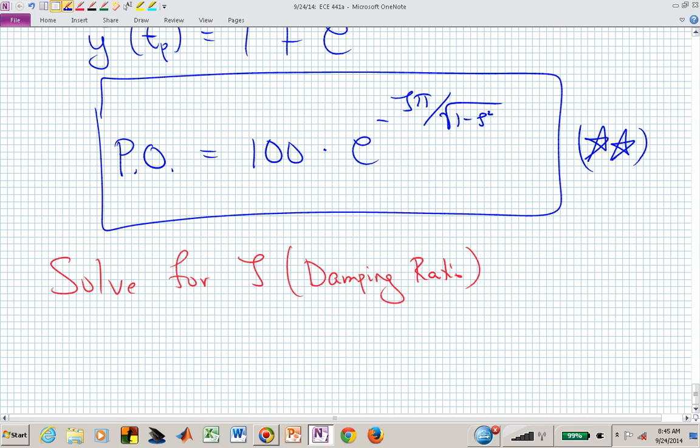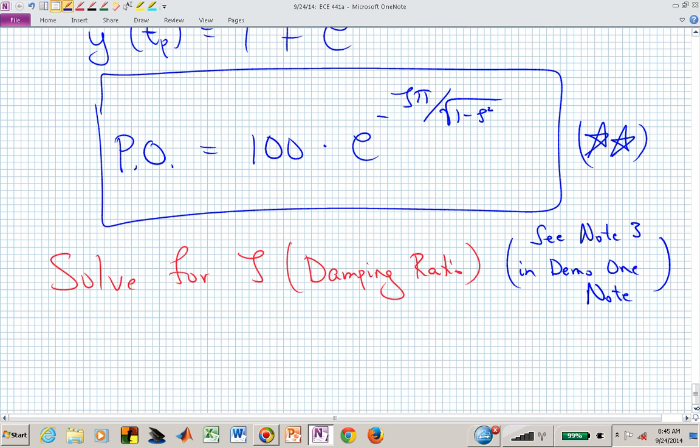Here, let me again refer you to a different location. See note 3 in the demo 1 notes if you want to check your work on solving this formula for zeta.